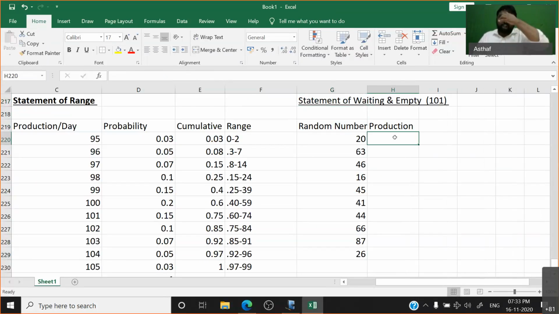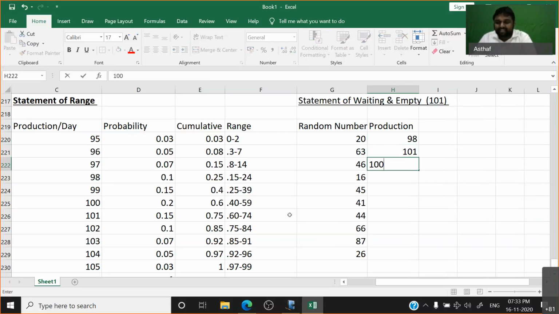So we have production 20. If we have a random number 20, what will be the scenario? We have to look here. 20 is coming between these, so production will be 98. 63 is coming here, so 101. 43 is coming here, 100. 16 now, it will be 98.